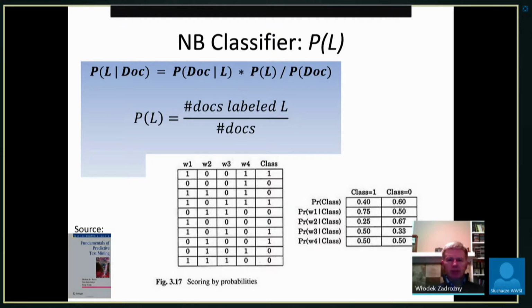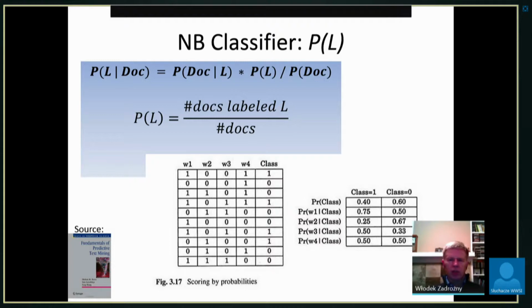And we can see that we have 2 classes as before. We have 4 attributes or 4 words. And we can compute the probabilities of each class. So we have 4 documents classified as class 1 and 6 documents classified as class 0.